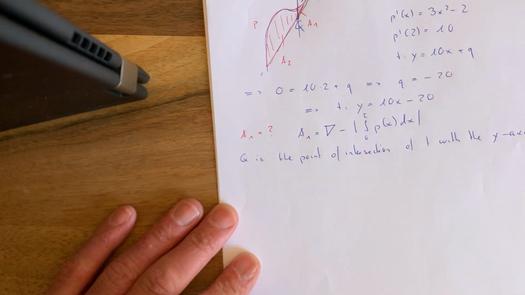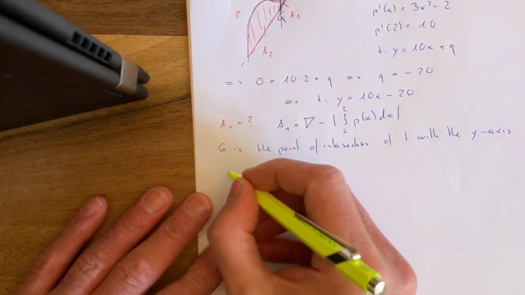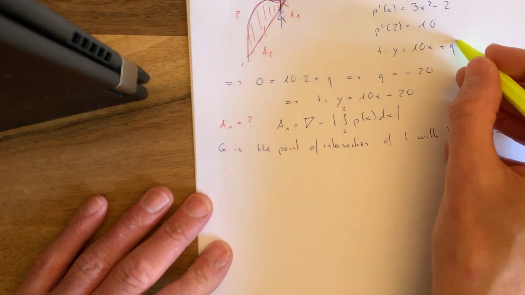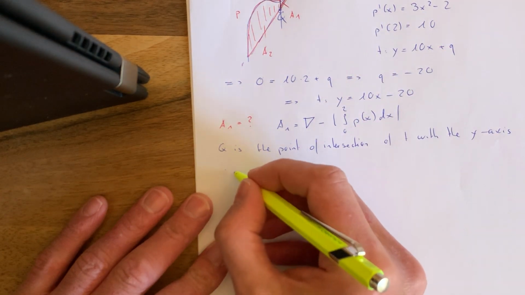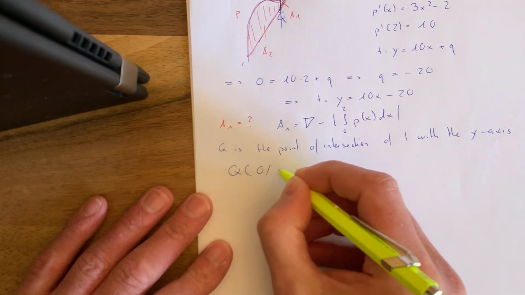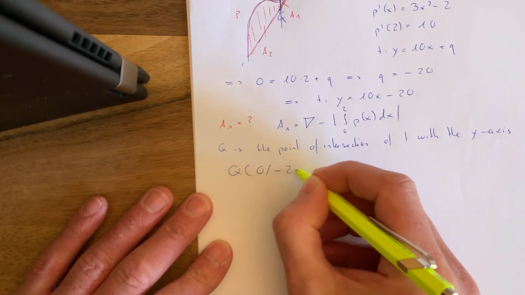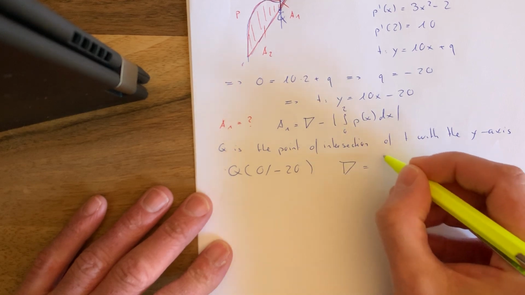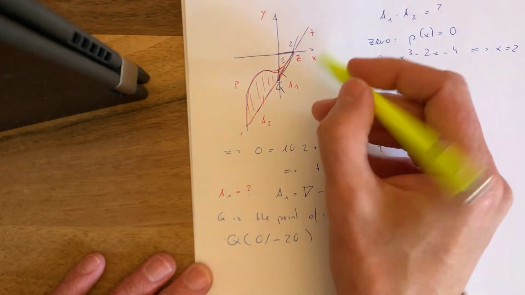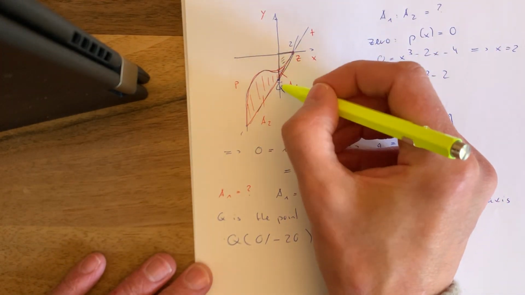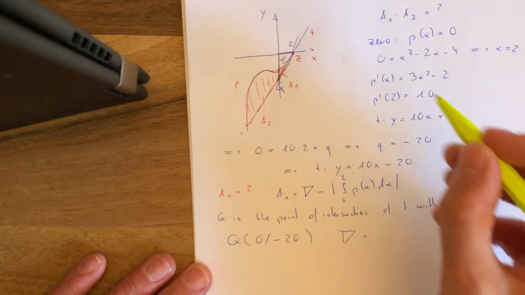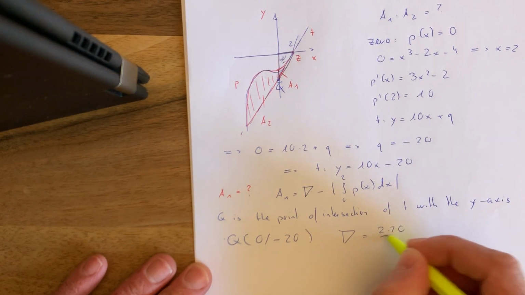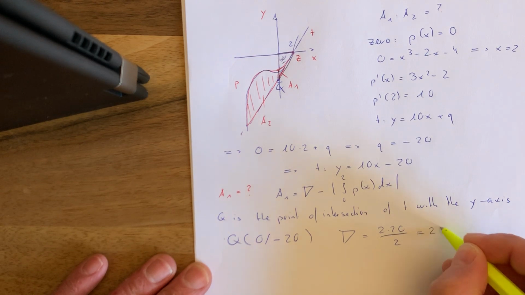So that's not difficult to calculate. I mean, in fact, we already know that point because this is just Q. So this means the Q from, here, small q from the tangent equation. So big Q has coordinates 0 and minus 20, which means our triangle is given by side 2, side 20, right-angled triangle, 2 times 20 divided by 2 equals 20.